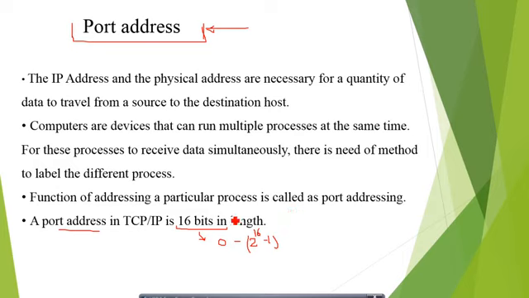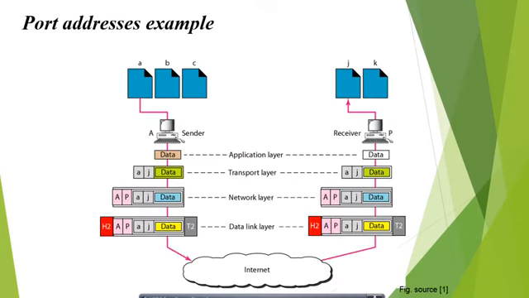Any number within this range can be used as a port number. Further categorization of the port numbers is there, such as well-known port numbers, which are the reserved port numbers assigned at the server side. For the time being we will restrict ourselves to this only. In the subsequent lectures we will discuss the port number in detail.